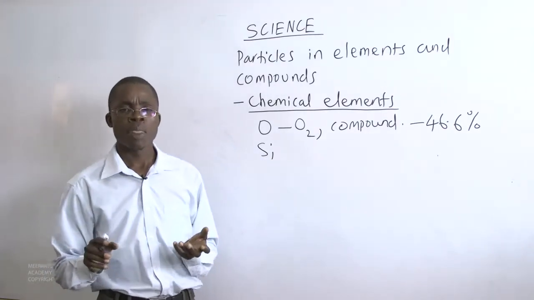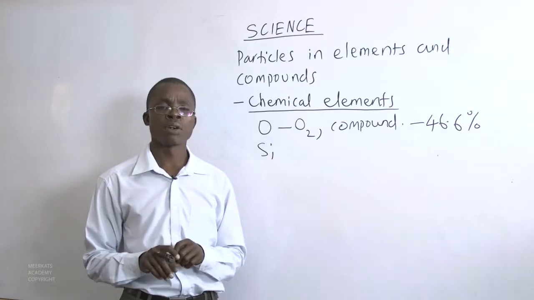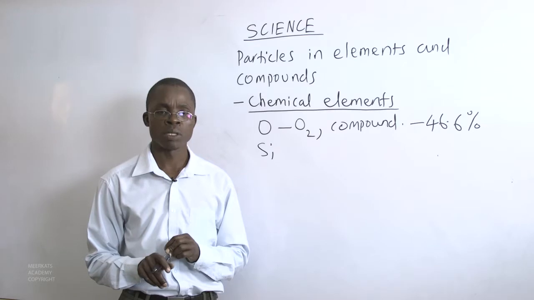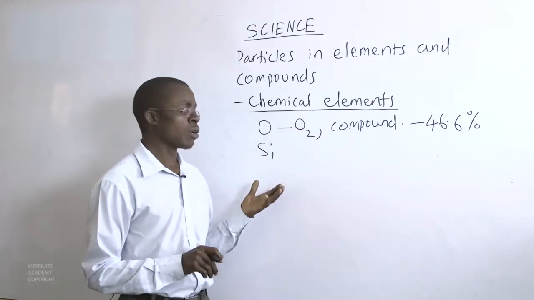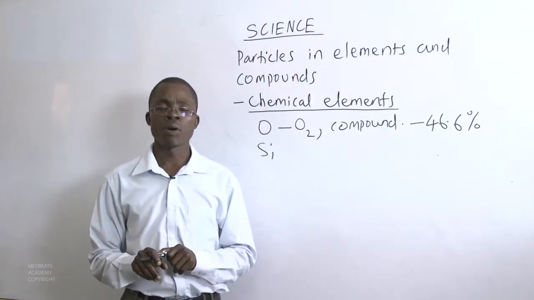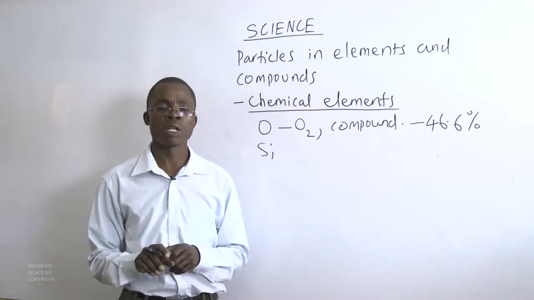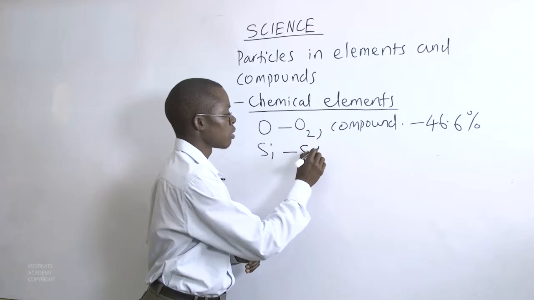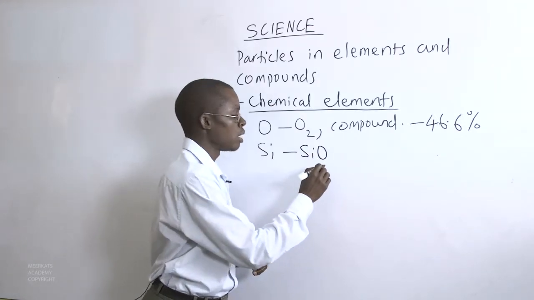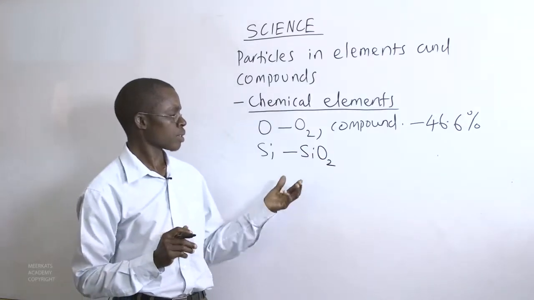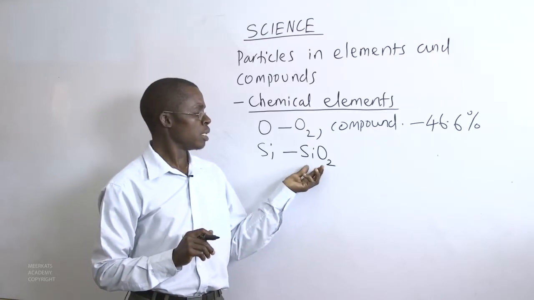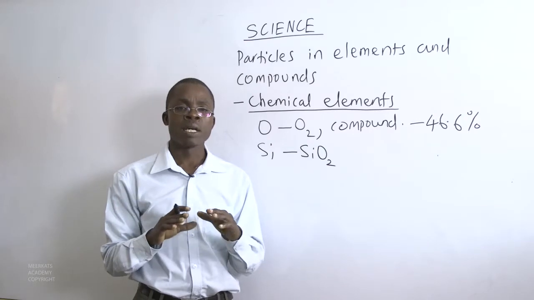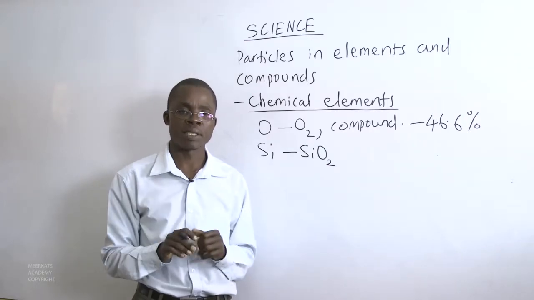Silicon also occurs as silicon, an element, but it also occurs as silicon, a compound. Silicon as a compound is found in the Earth's crust as silicon oxide, whereby in this compound form, it is what makes the biggest chunk of sand.